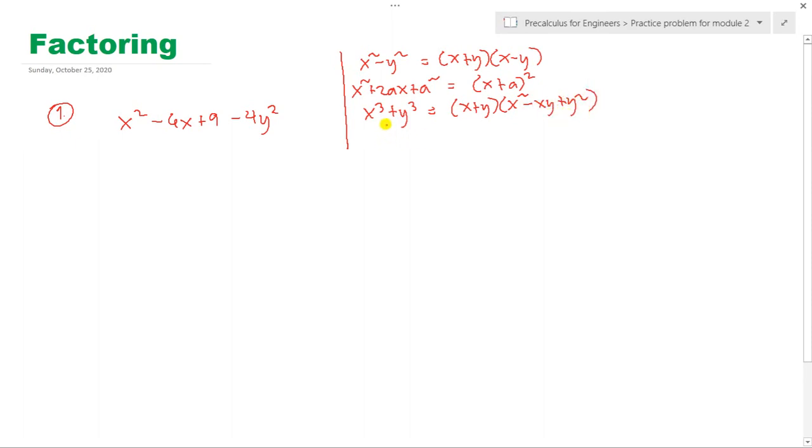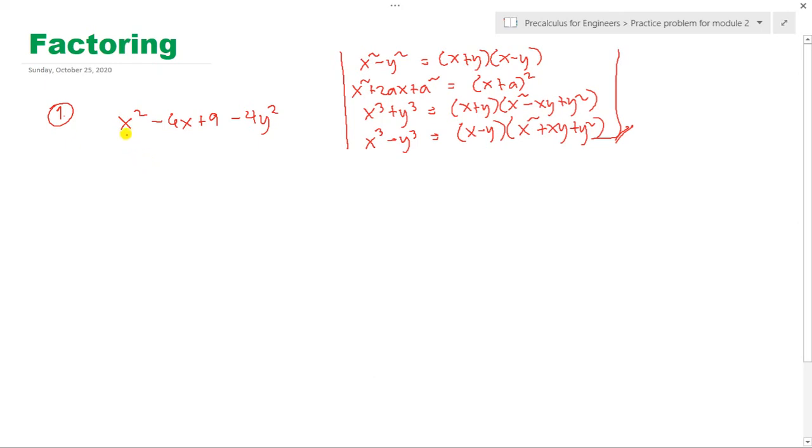So this is the sum of cubes. Then we also have the difference of cubes: x minus y times x squared plus xy plus y squared. So ito lang yung tatandaan nyo. Kapag ganito ang form niya, you can use this. These are special cases of factoring. However, kung hindi siya magmumukhang ganyan, iba yung style ng ating pag-atake sa problem.